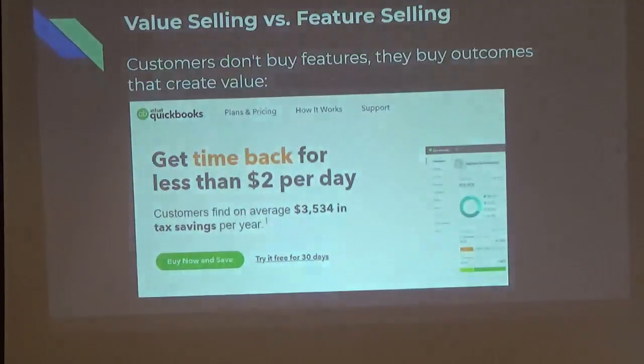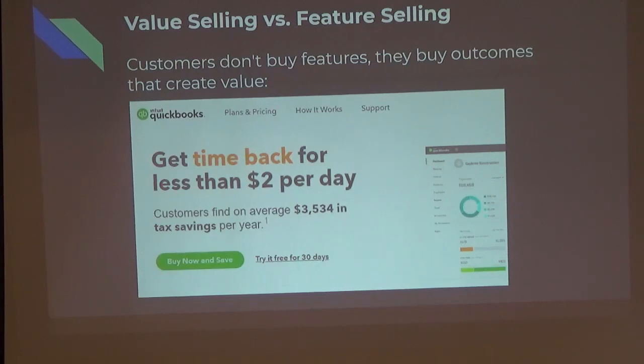So here's an example of feature selling versus value selling. Customers don't buy features. As much as people talk about features when they develop products, customers don't buy features. They buy outcomes that create value for them. If you look at this QuickBooks blurb from their website, the first thing you see is get time back, for less than $2 a day.